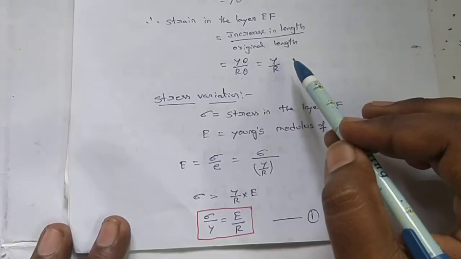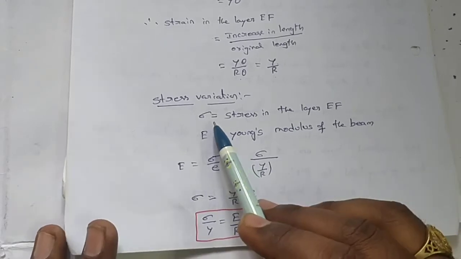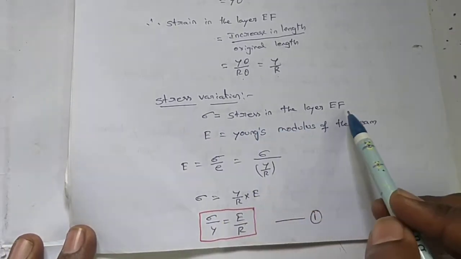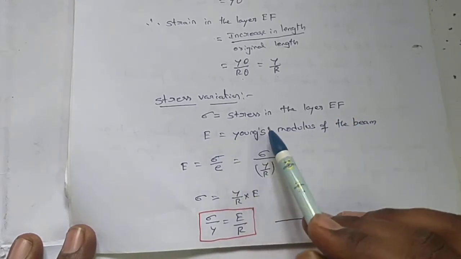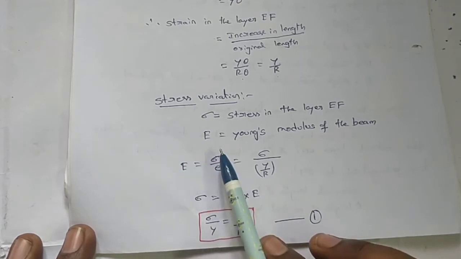Next, we need to calculate the stress variation throughout the length of the beam. Here, sigma is the stress in the layer EF, where E is the Young's modulus of the beam. The general formula is that Young's modulus equals stress by strain.